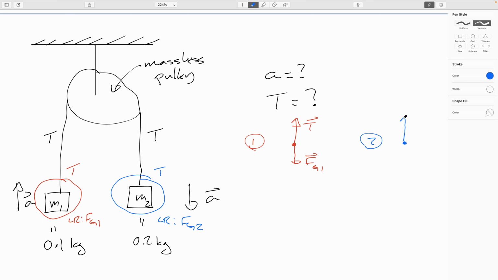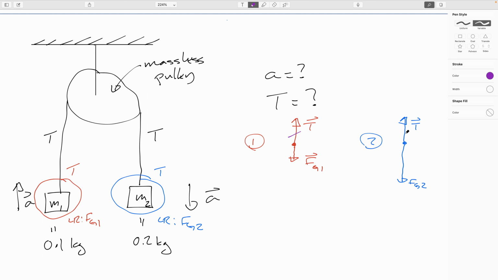We'll have the force due to tension up, and we'll have Fg2 down. Let me make this a little more explicit here. I'm trying to draw it so that Fg1 is shorter than tension. There we go. Now these two forces due to tension are the same magnitude.